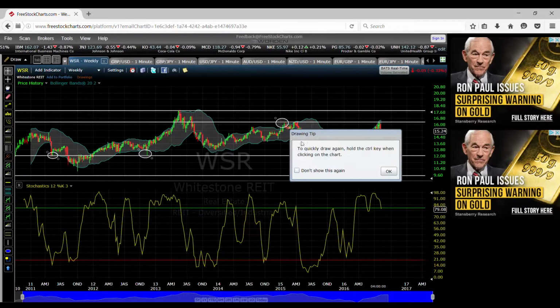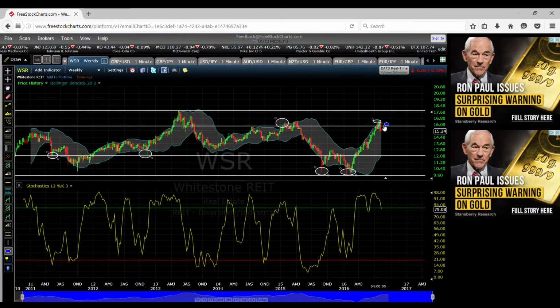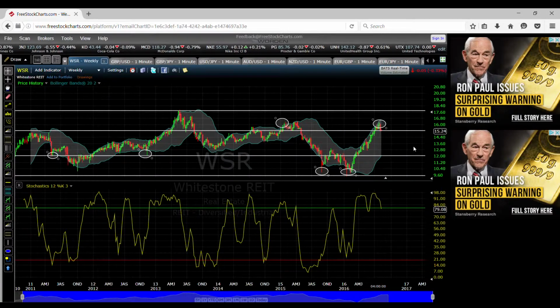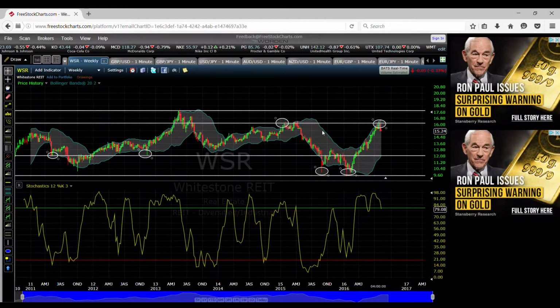Point these out real quick. Right there, right here. You can see how it lines up right in here too. But those are resistance levels, and you basically use them as entry and exit points.